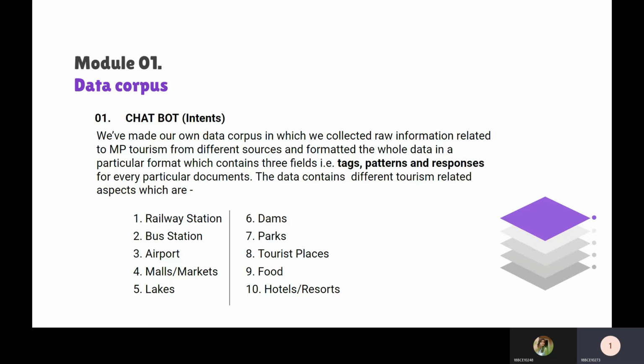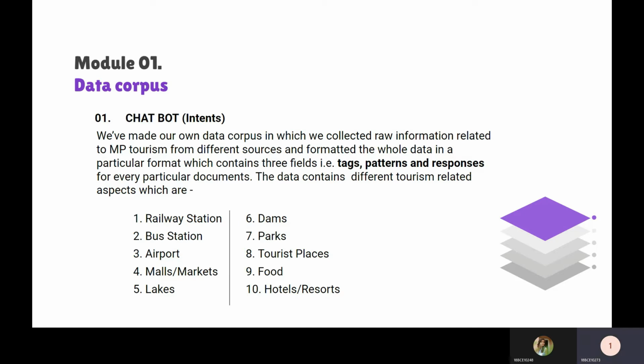We made it by ourselves by collecting raw information related to several tourist and tourism places in Madhya Pradesh and formatted it in the format which we needed. The particular format contains one tag, then patterns, and then responses.